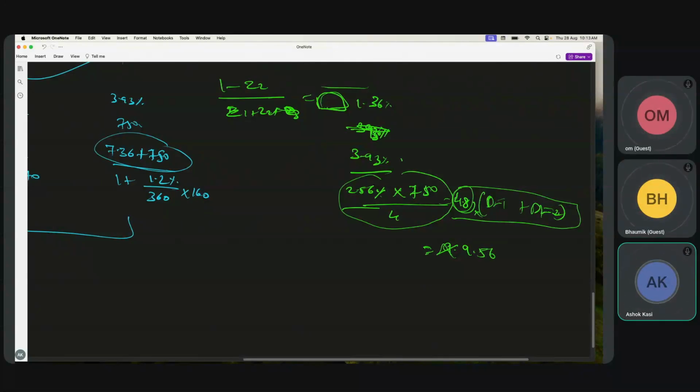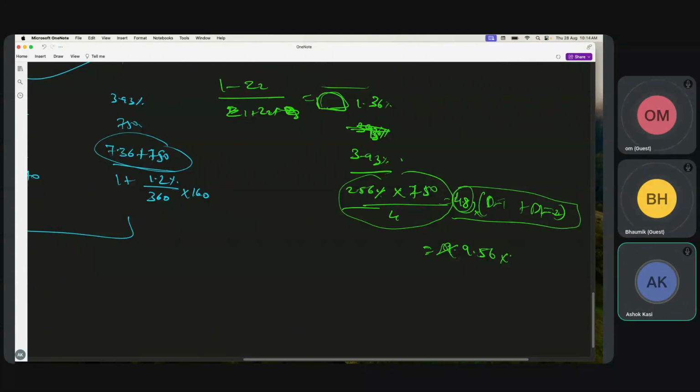9.56. Then we want it for 200 days, right? So I thought we'll take this forward from 180 to 200 days. So what did you do then? I didn't do further in this. Okay, but for this I need the 20-day MRR to take it to 200. That we don't have.